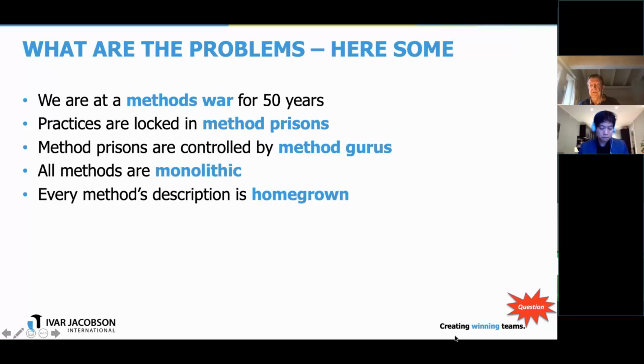So there is no commonality. You have to start from the beginning. There is nothing they share. They don't even share what software engineering is, what software development is, what a requirement means, and so on. Even if all methods have the same objective, to help people develop software, there is no common ground.